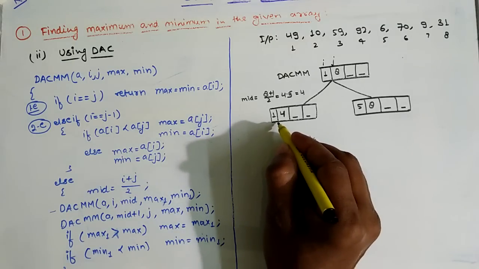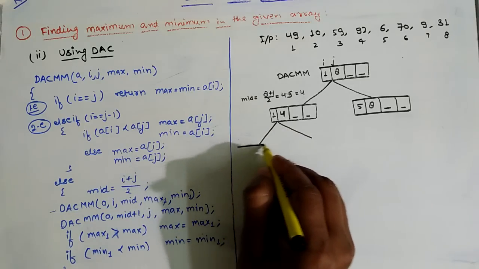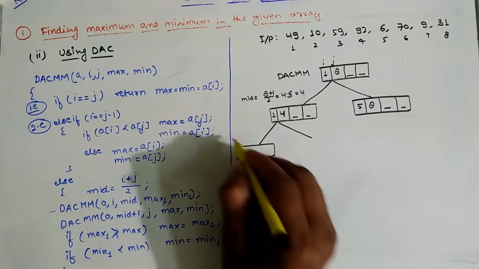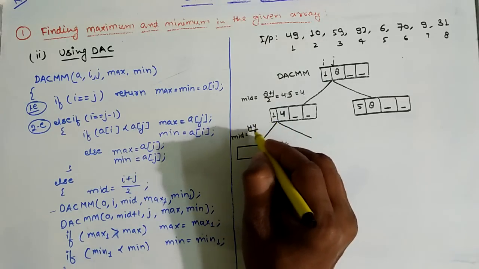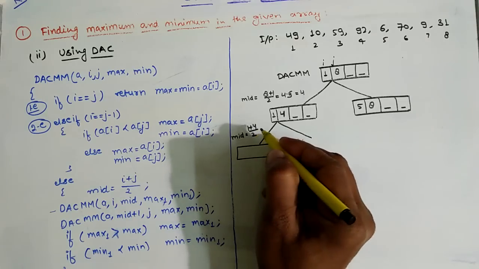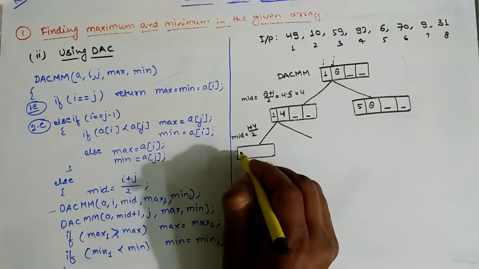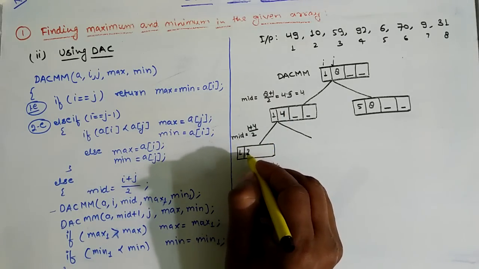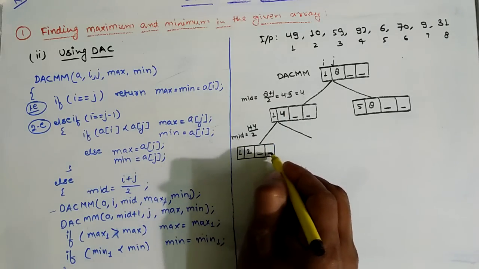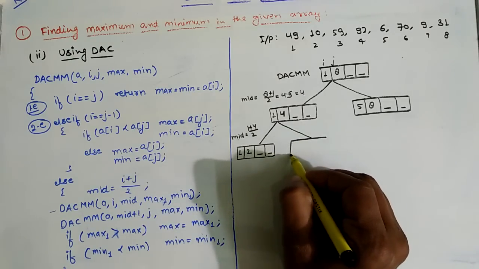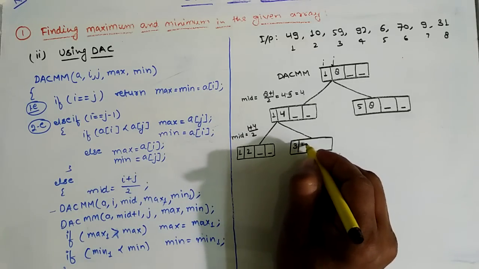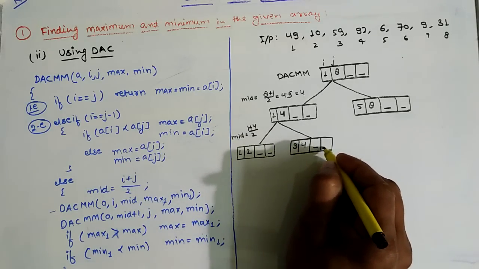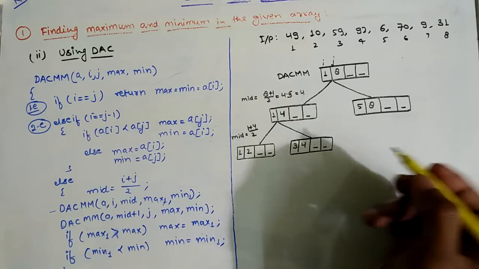Now this problem is further divided into two subproblems. Again find the mid, because the problem is large. It is 5 by 2, nothing but 2.5, it means it is 2. So the subproblem is 1 to mid, that is 2, with max and min. Similarly, the other subproblem is mid plus 1, meaning 3 to 4, with 2 empty spaces, one for max and one for min.